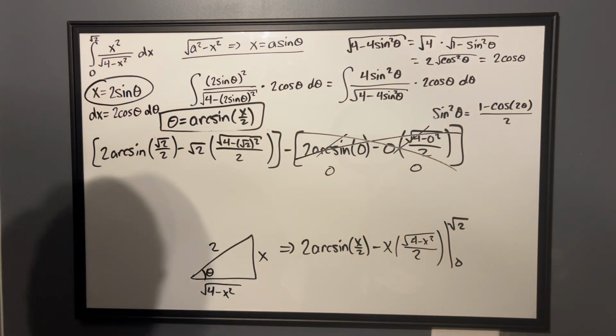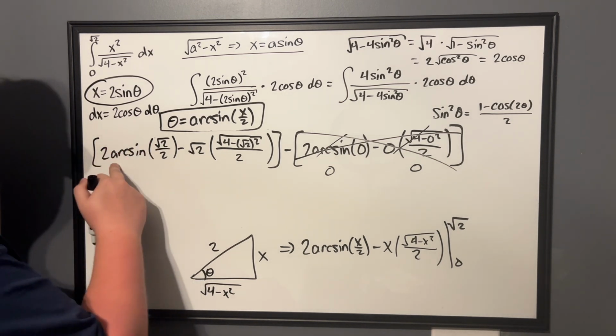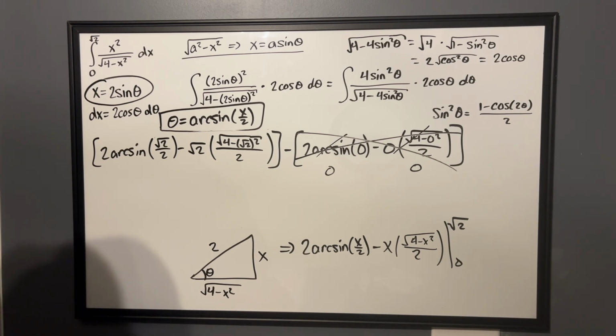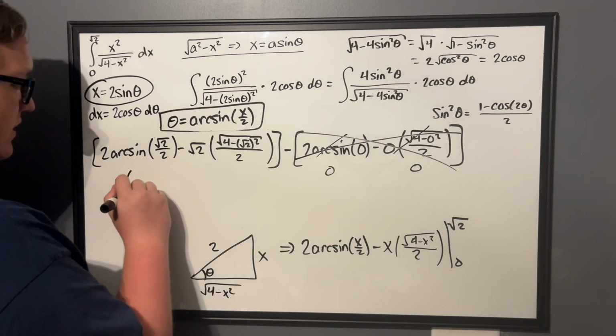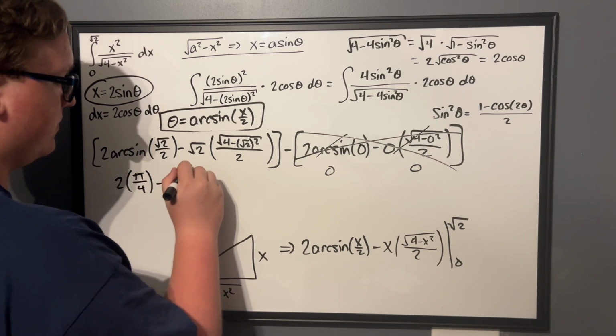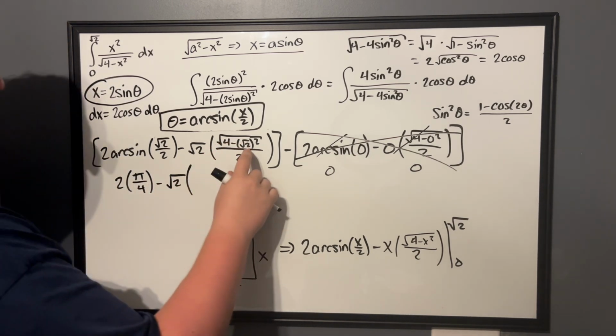So we need to figure out what 2 times arcsine of root 2 over 2 is. Well, arcsine of root 2 over 2, however you can think to do that, you can plug it in the calculator, but we can just think about where sine of theta is equal to root 2 over 2. Well, in radians, that's going to be at pi over 4. So we're going to have 2 times pi over 4 minus the square root of 2 times, this square root here is going to turn into 4 minus 2, right?